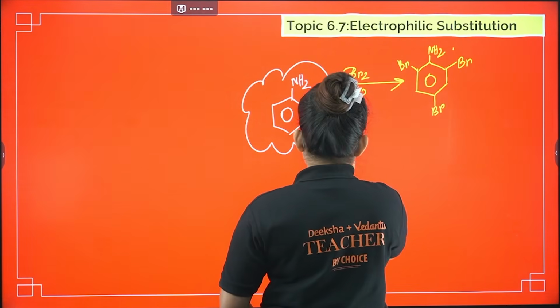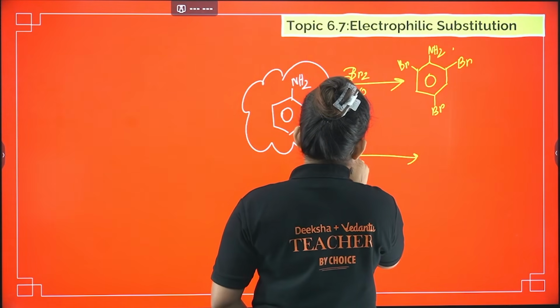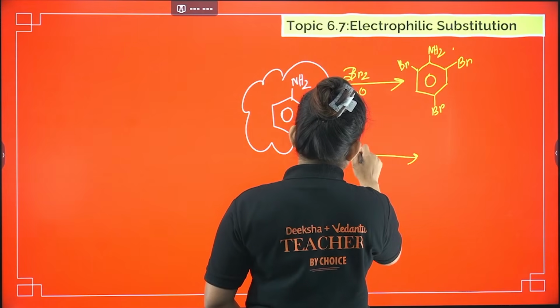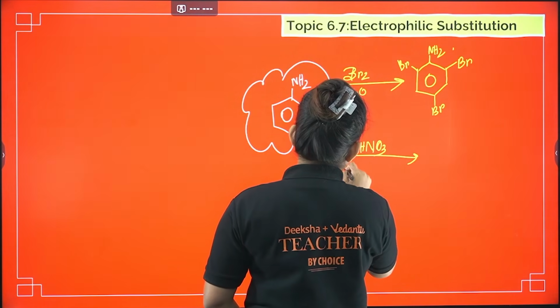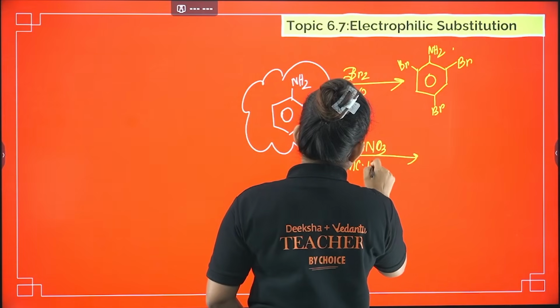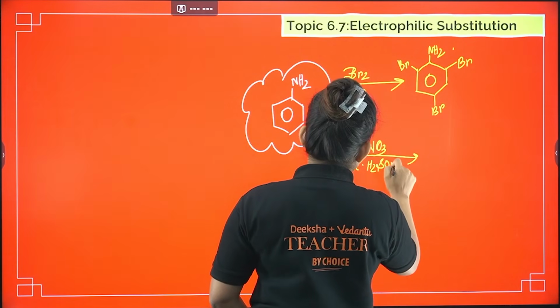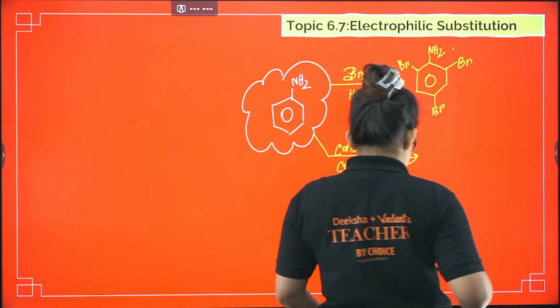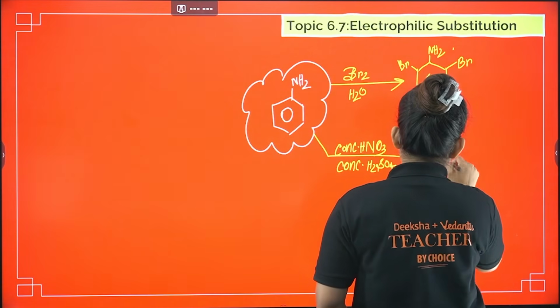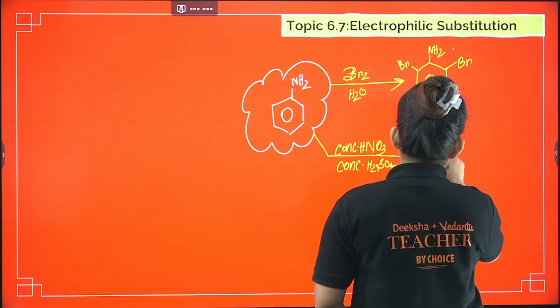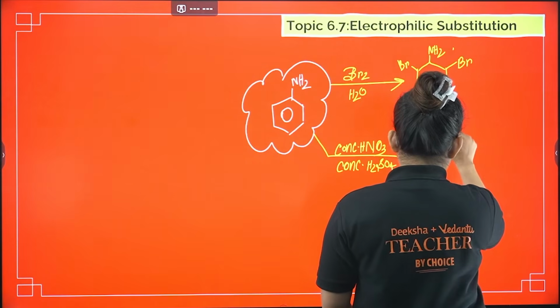Okay, next I can do the nitration, concentrated HNO3 and concentrated H2SO4. So mixed acid I can give out of it. Okay, and I will get all ortho, meta, para. So you can see I will get NH2.